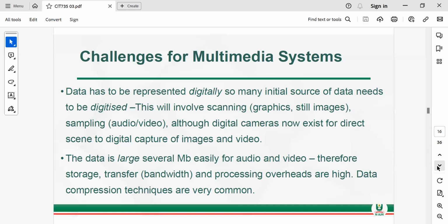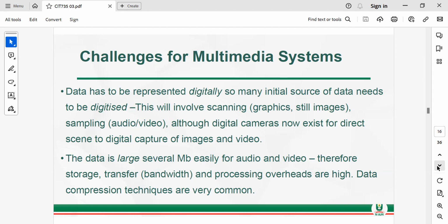And the data you are going to store is very large, several megabytes, easily, for audio and video. Therefore, storage, transfer bandwidth, and processing overheads are very large. Because when you store this data on your phone, you now want to move it to another phone or on a computer. The bandwidth in terms of transfer will become very, very high.